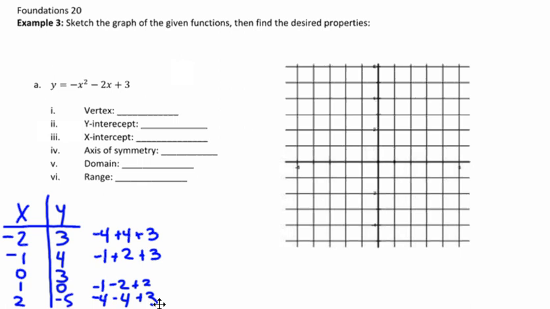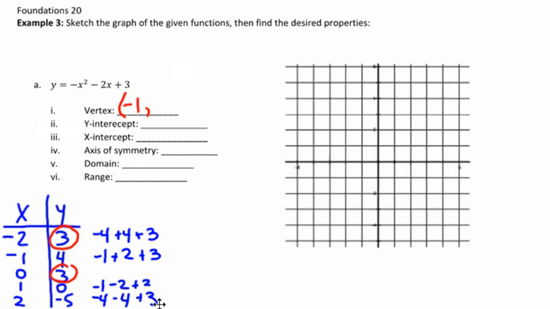Plotting those points. We know where our vertex will be because we have two values that are 3. It's going to be the middle of -2 and 0, which will be -1. So our vertex is going to be at -1 for sure.